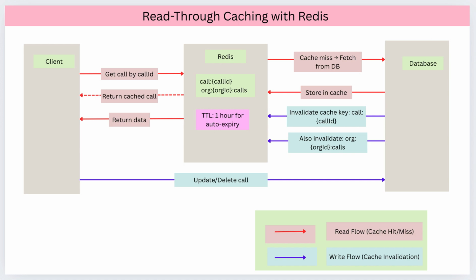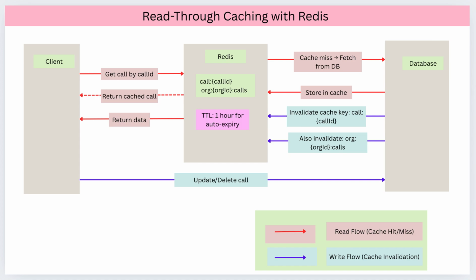Now let's talk about what happens when data changes. If a call is updated or deleted, the client writes directly to the database. After that, to avoid serving stale data, we invalidate the cache. This means we delete the cache key for that call.